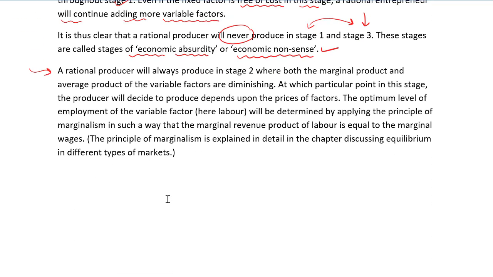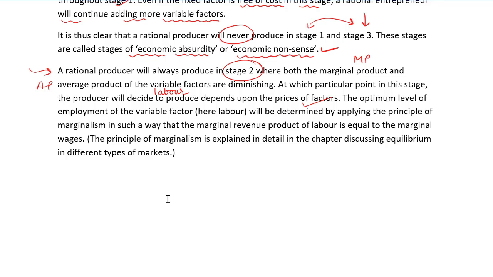Let's see the conclusion. A rational producer will always produce in stage 2, where both the marginal product as well as the average product of the variable factor are diminishing. The variable factor here is labor. At which particular point of this stage the producer will decide to produce depends upon the prices of factors.